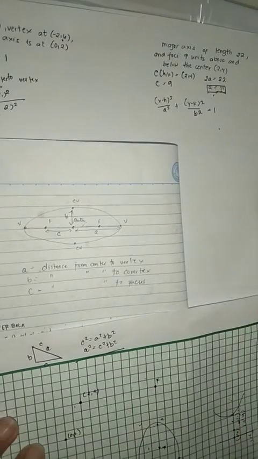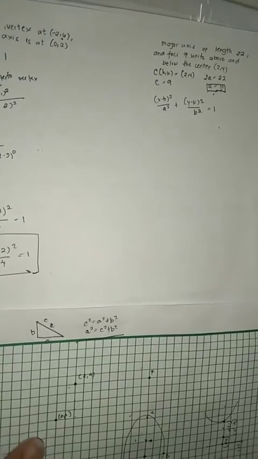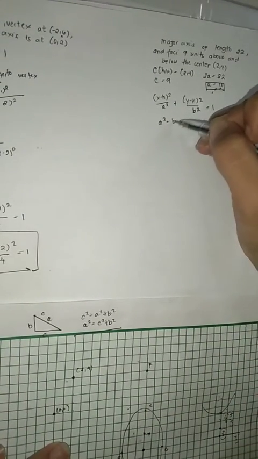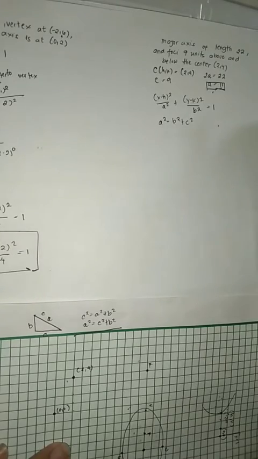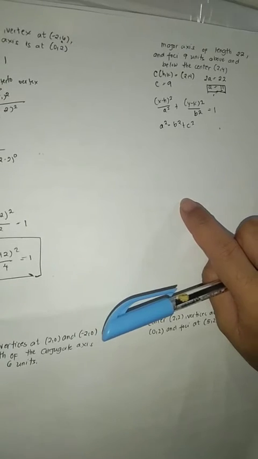I will use that one to solve for B. So A squared is equal to B squared plus C squared, given that A is the longest side.